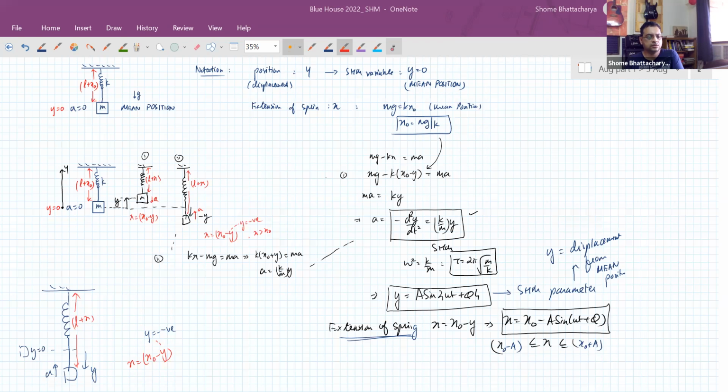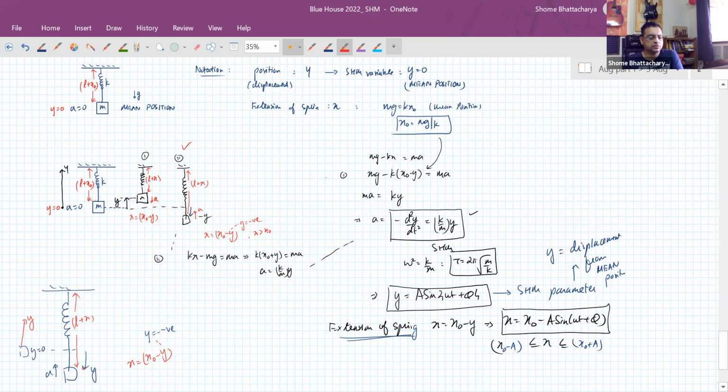Yeah, this case only, na? Yeah, so see, the y coordinate is negative because our y axis is upwards. You understanding? Na?